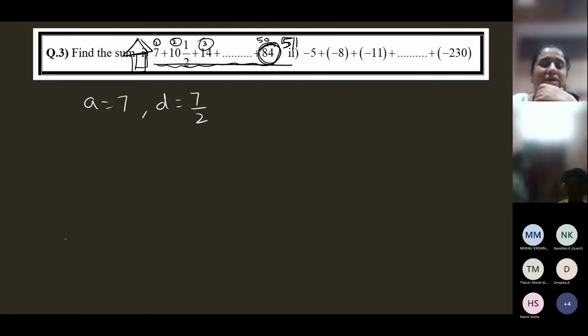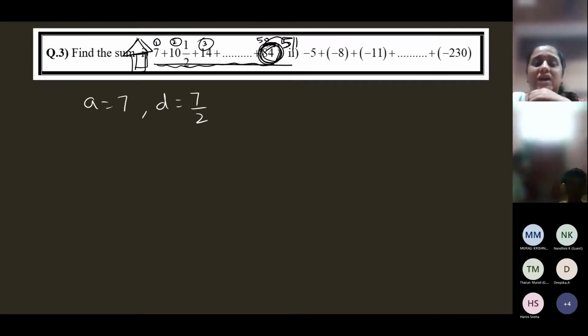So in order to make out how many terms are there in the AP, you should go and ask the last term its position. The last term will tell you how many terms are there in the AP, like the token number of the last person in the queue will tell you how many people are standing in the queue.